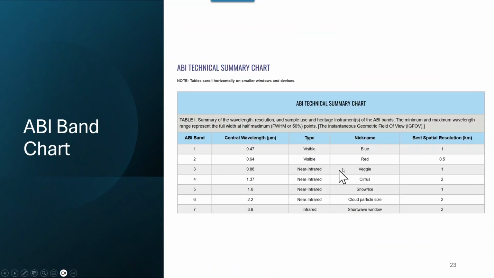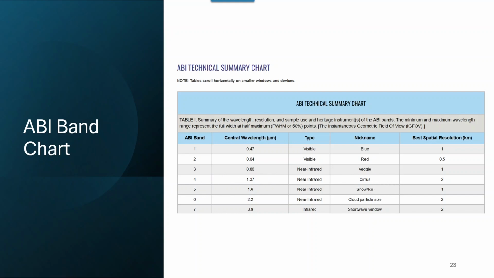Here we can see 0.47 is blue, 0.64 is red, and 0.86, and this is band 3, so just bands 1, 2, and 3, is veggie.